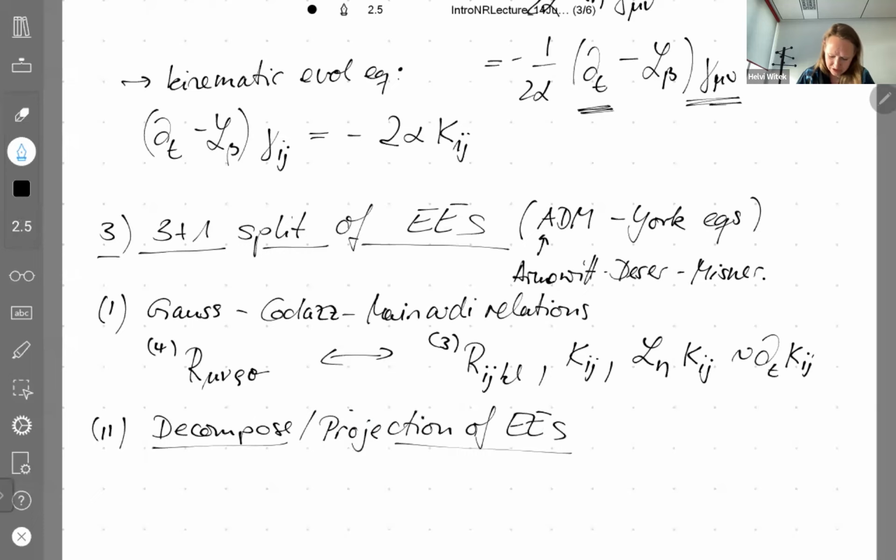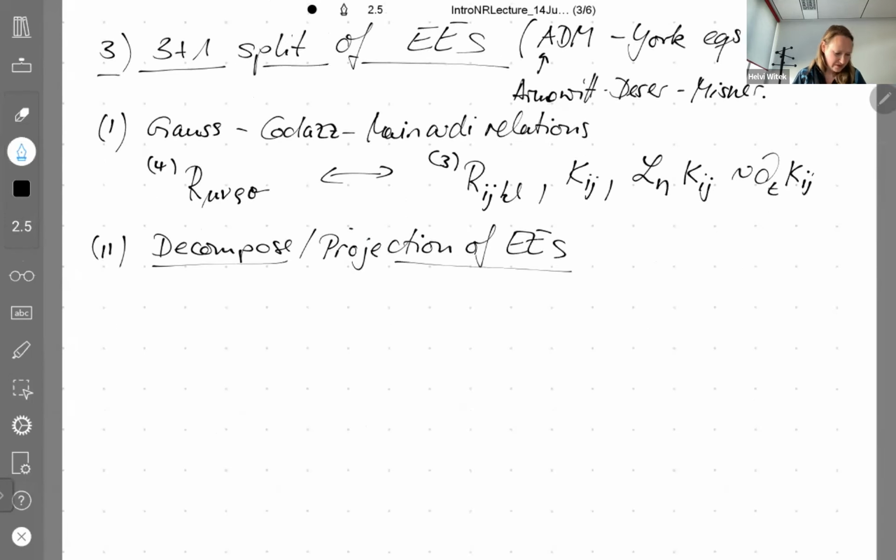The first set of projections is a contraction of the Einstein tensor with the normal vector in one or both of its indices. If we do that, we will get the following.